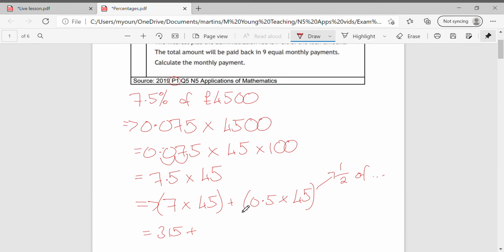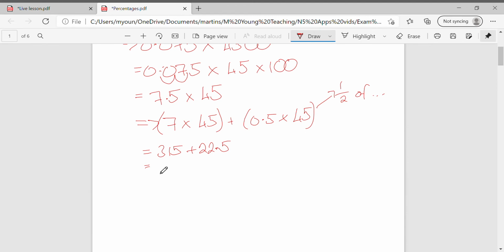Again, set out a wee sum if you wanted to, but a half of 45 is just going to be 22.5. And then adding those together, again, if you can't do that in your head, make sure that you're doing working for it. That's going to be 337.5. Okay, it'll be 50 because we're talking about money.